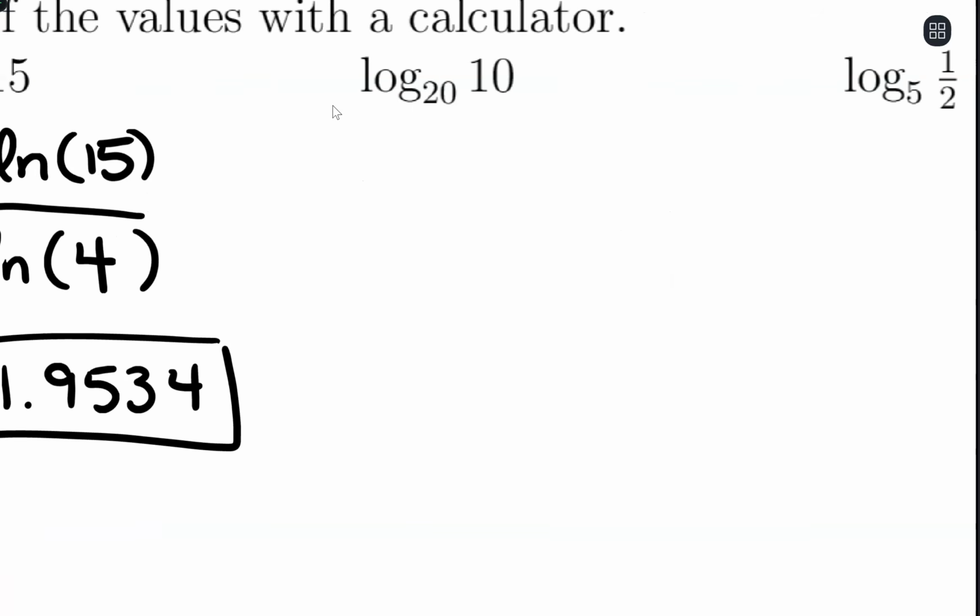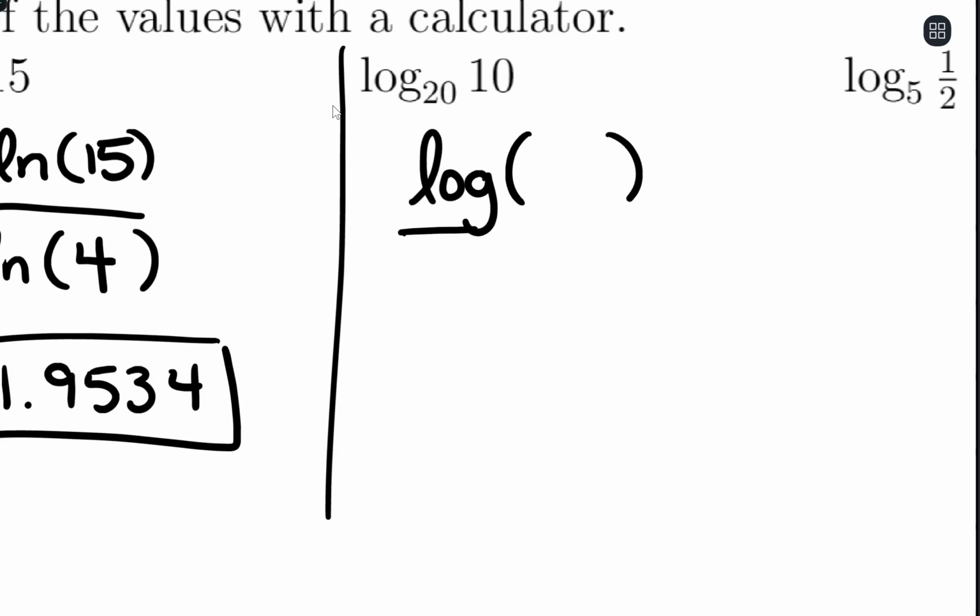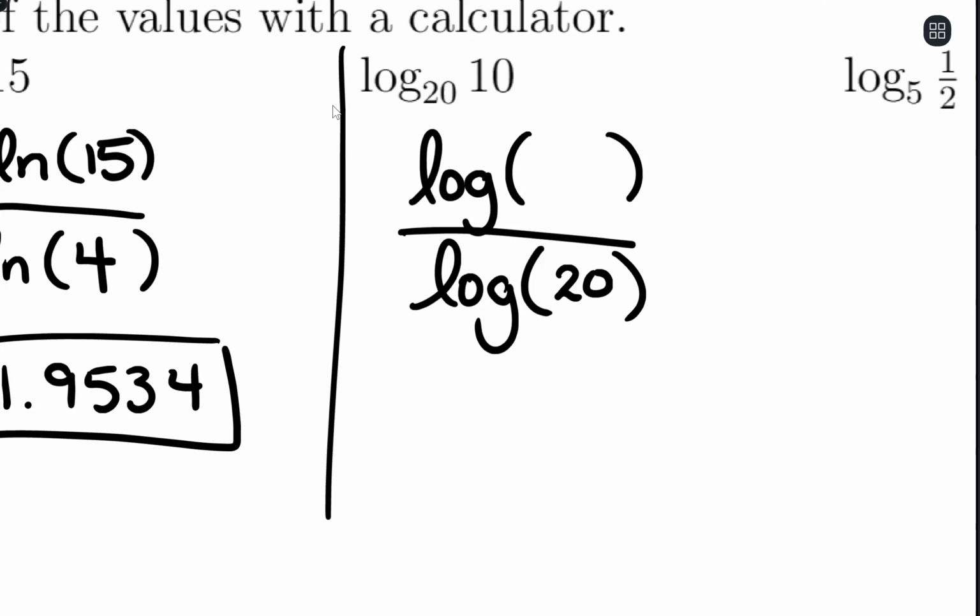All right, log base 20 of 10. Actually, let's do base 10 for this one. It doesn't matter, but I'll just show us a neat thing that happens with this one. So if I do base 10, 20 is the base of the logarithm, so that stays in the basement in the denominator. Log of 10 is in the numerator.